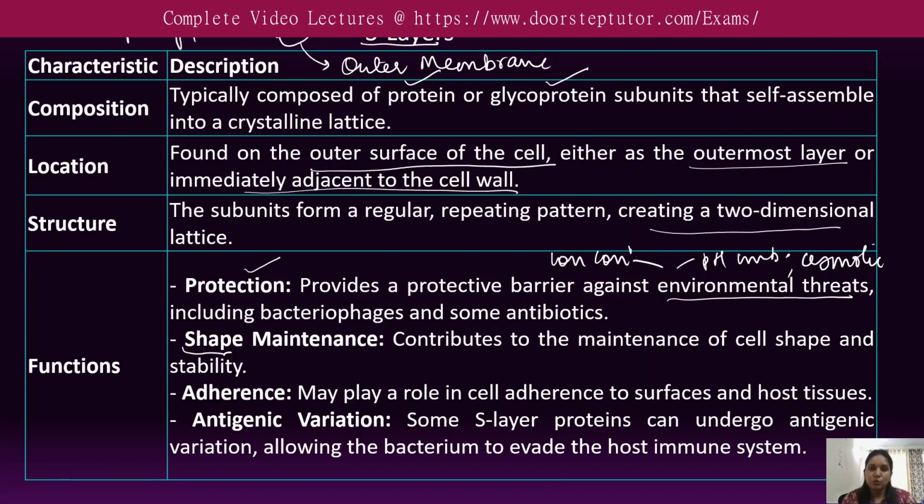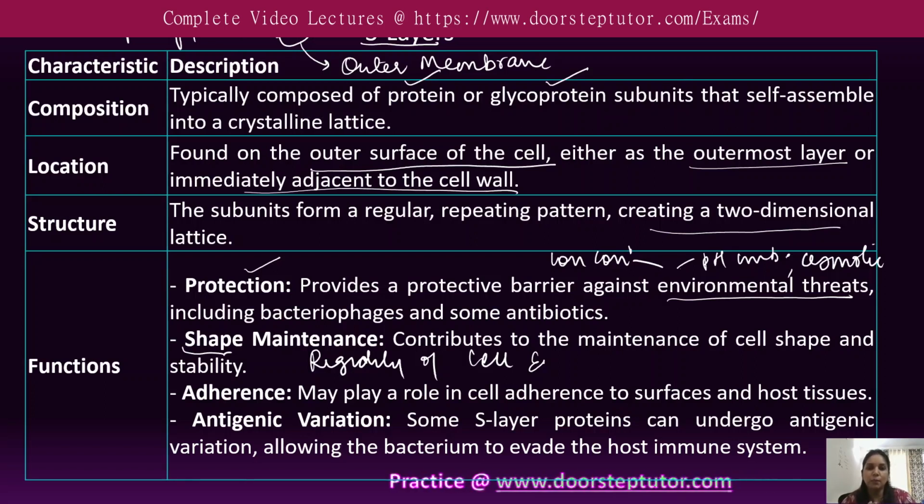The S layer is also helpful in maintaining the shape of the bacterial cell, because the rigidity of the cell envelope is mainly provided by the S layer. It also plays a role in cell adherence to surfaces and host tissue, as well as in antigenic variation.